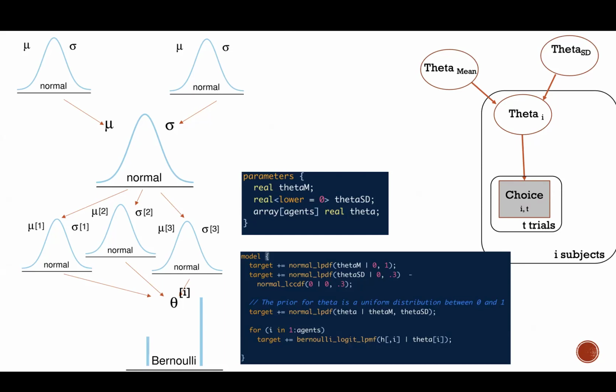The standard deviation is slightly different, because not only are we putting a normal with a mean of 0 and a standard deviation of 0.3, but we're also subtracting from that the log complementary cumulative density function. What does it mean? It's simply the complementary function that will say that every number below 0 will have 0 probability.